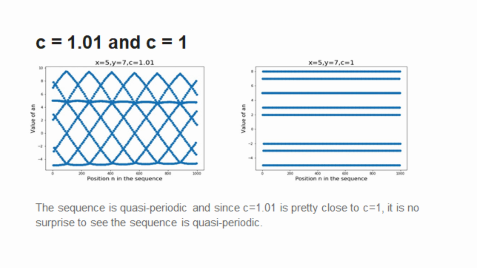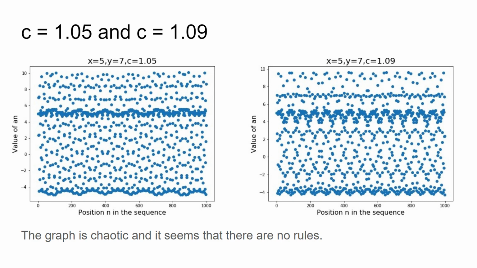This should show a similar pattern. Another pair of values, 1.05 and 1.09. These two graphs are very chaotic, and it seems that there are no rules in them. But anyway, both of them are bounded.